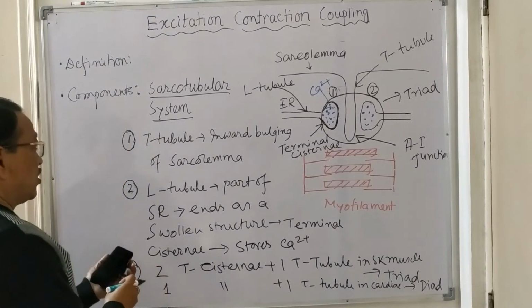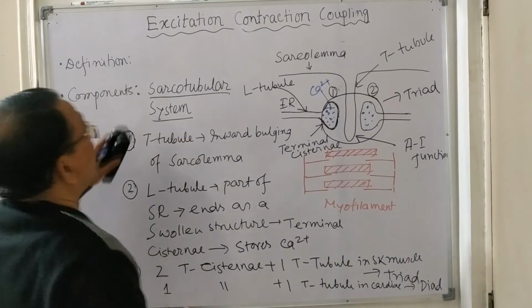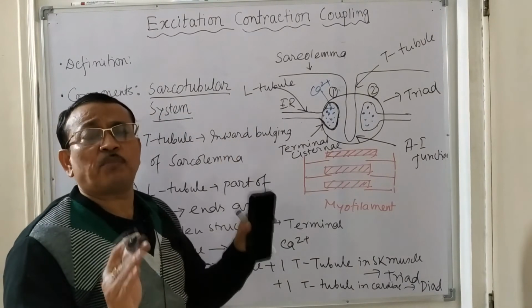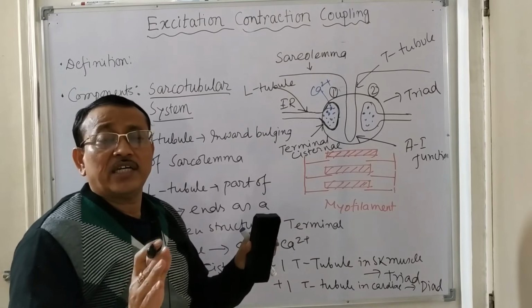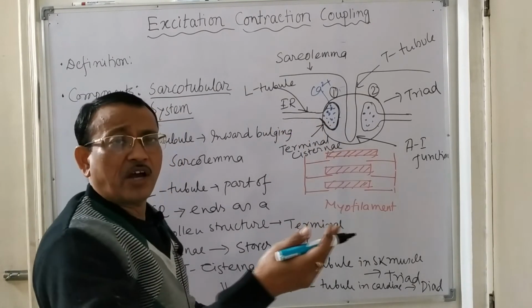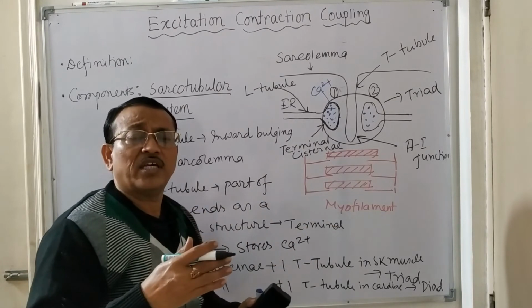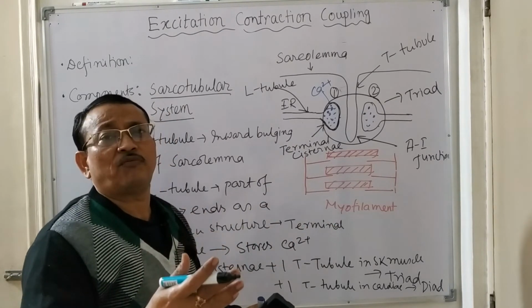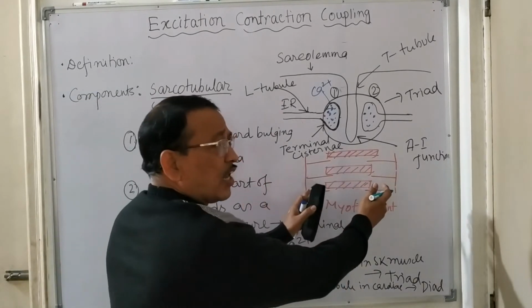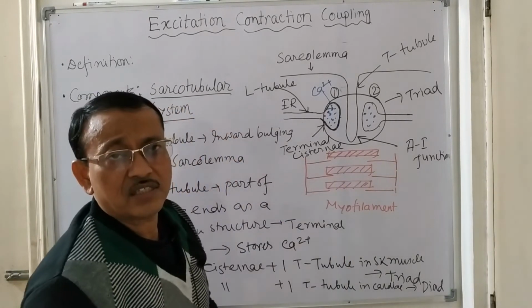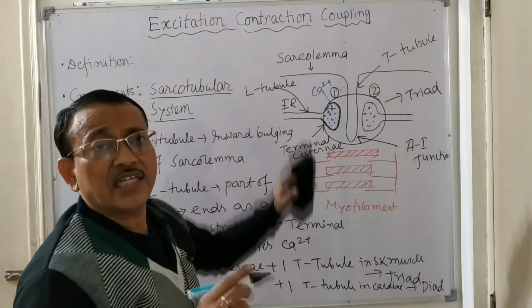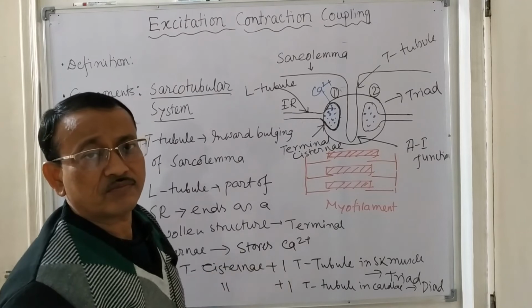So this is about the components of the sarcotubular system, which is responsible for releasing the stored calcium ions, and that calcium is ultimately responsible for initiating contraction of the myofilaments, or the muscle, once the muscle is stimulated.